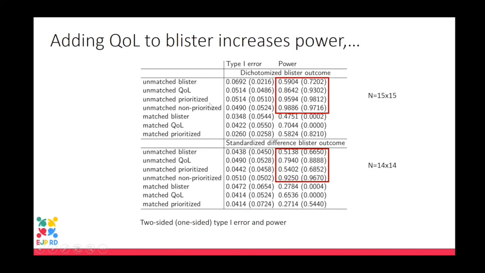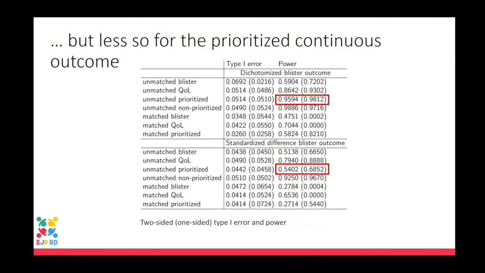So for both the prioritized and the non-prioritized GPC, the power goes from almost 60 to almost 100 when you add quality of life. Now it is slightly less so for the standardized outcome.